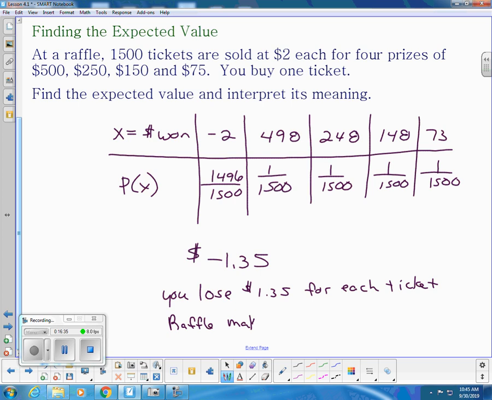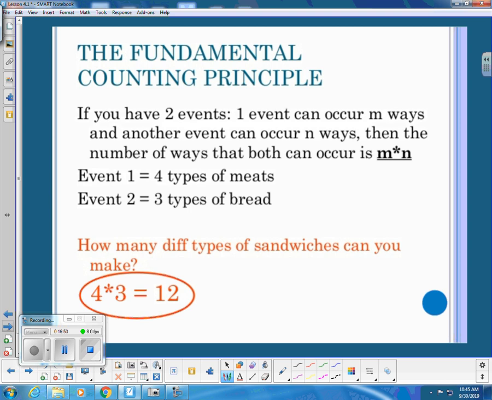So you can think of it two different ways. How much you're losing per ticket or how much they're making. Okay? And then they can multiply by how many. Easy enough? Okay. That's completely wrong. All right.